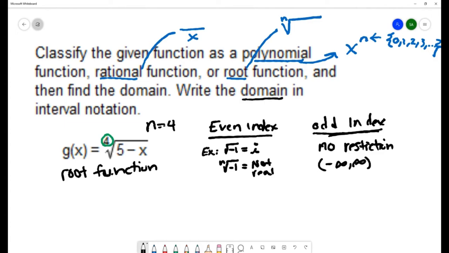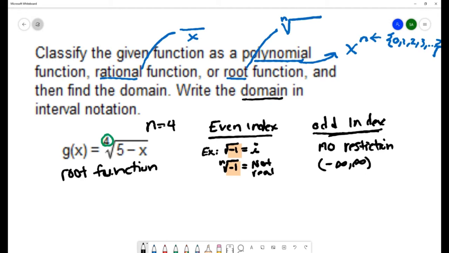And so root functions with an even index have restricted domains, and you have to have what's underneath the radical being positive or 0. So that is everything that is not negative.